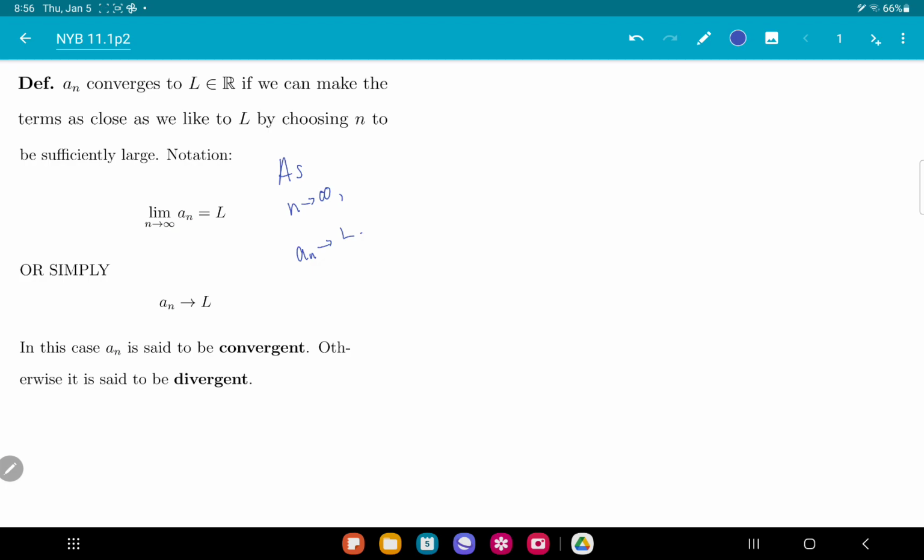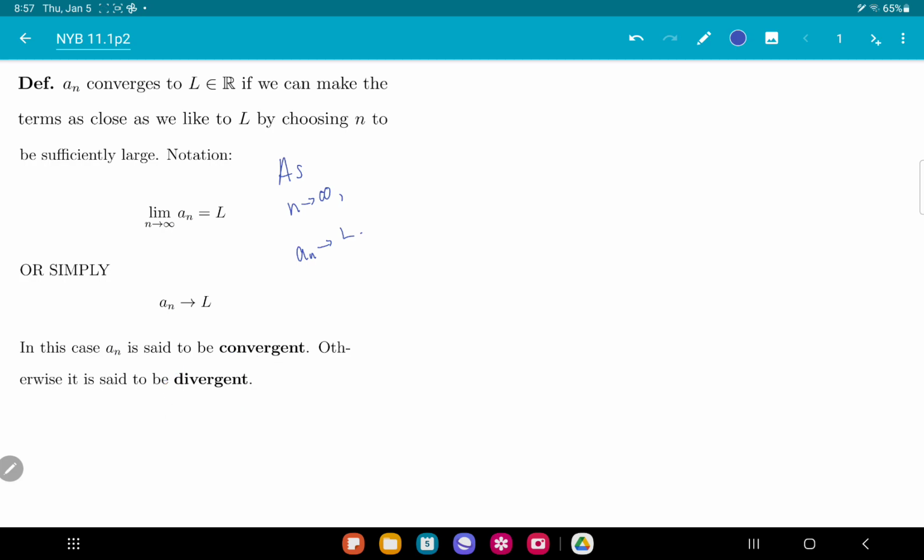So if my sequence ends up giving me a real number L, so I'm working on the limit, I'm working away, and I get a real number, that means the sequence is convergent. Any other situation is divergent.